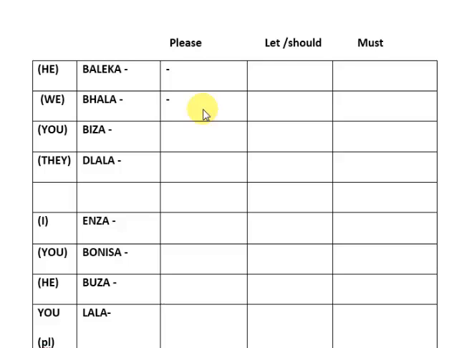Let us look at a few examples. First of all, using baleka, run, where he is involved. Okay, he should run. Makabaleke, he must run.